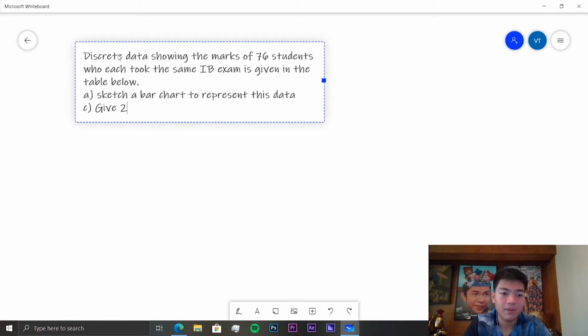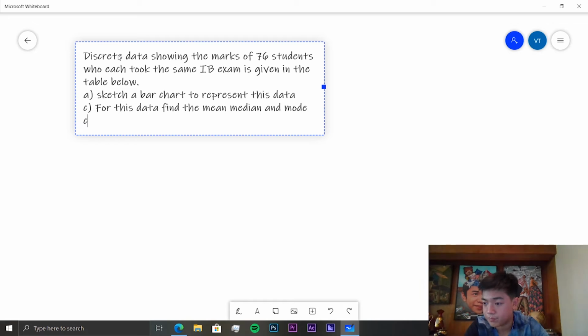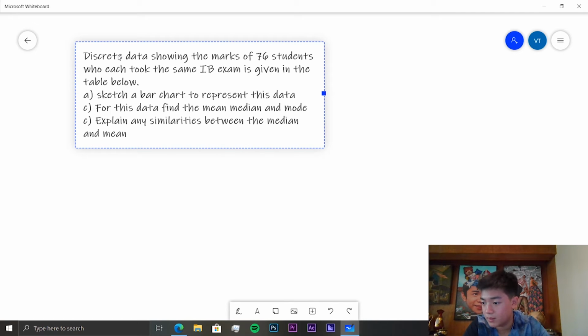For this data, find the mean, median, and mode. And finally, explain any similarities between the median and mean using a geometrical property of the bar chart.